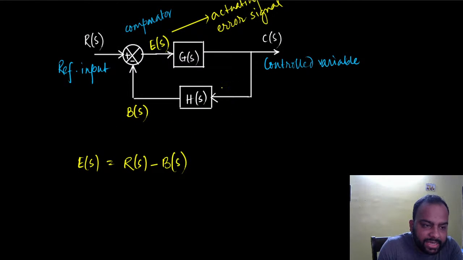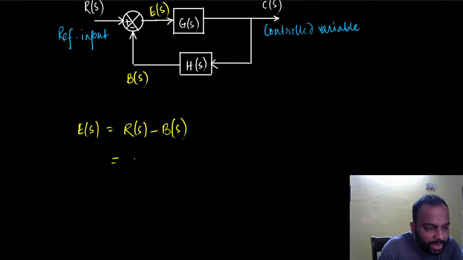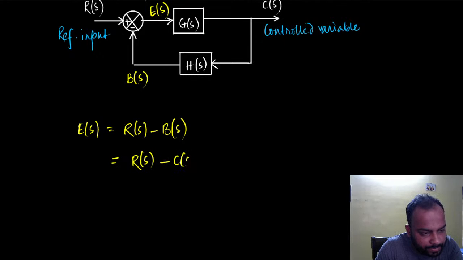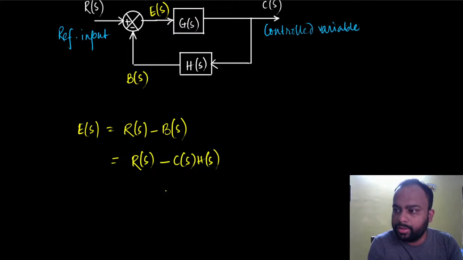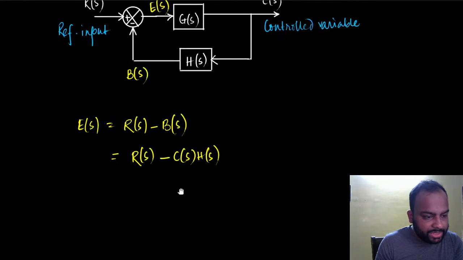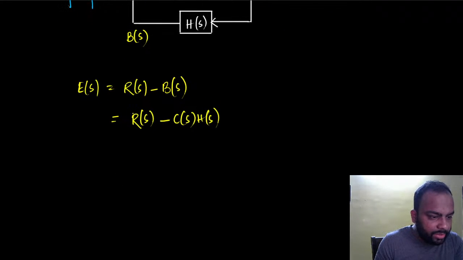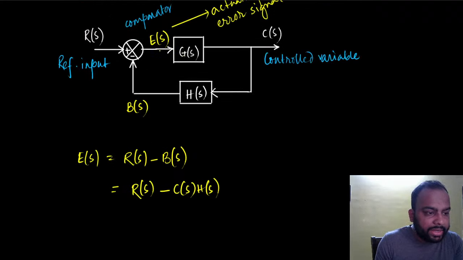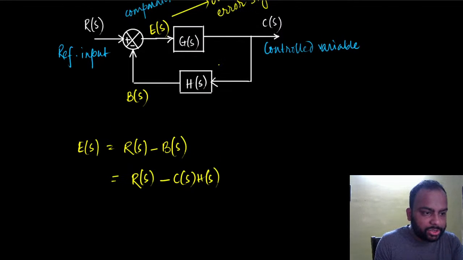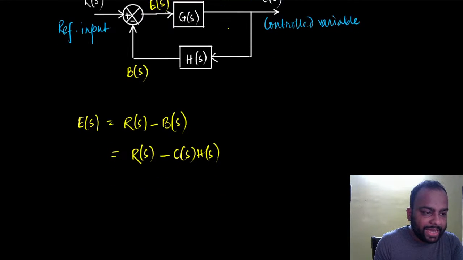But what is the feedback signal? That feedback signal is essentially C(s) times H(s). So I can write this as C(s) times H(s), right? And this E(s) is actually fed into G(s), and that outputs C(s), right? So C(s) is essentially E(s) times G(s).